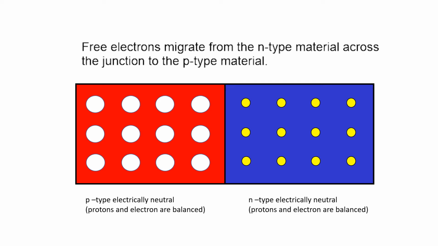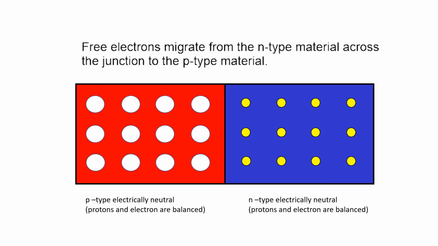Bear in mind I keep on using the term atom. The atom essentially has equal numbers of protons and electrons. If you take a silicon lattice and then dope it with a p-type or an n-type impurity, you're still doping it with essentially an atom.